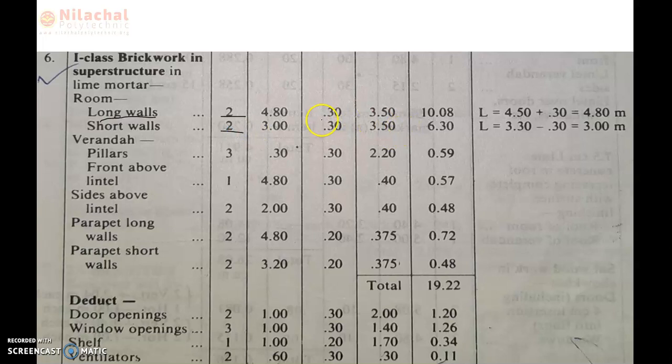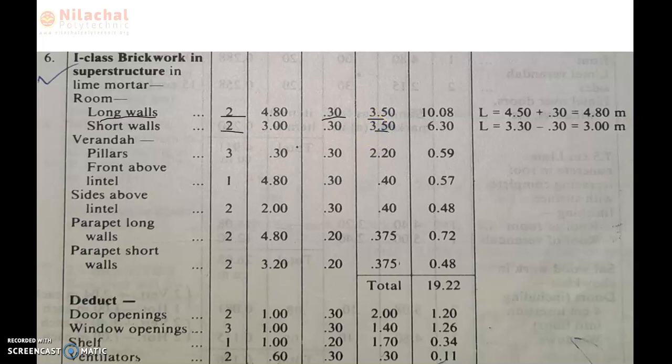The breadth is how much? The thickness of the brickwork is 30 centimeter or 0.30 meter for long wall. Same for short wall, 0.30 meter. And the height is how much? 3.50 from the plinth wall to the bottom of the RCC slab. So 3.50 is for the long wall and for the short wall also.